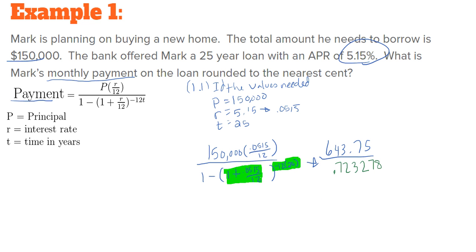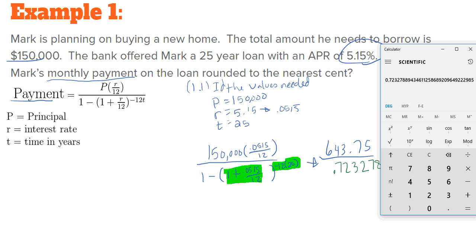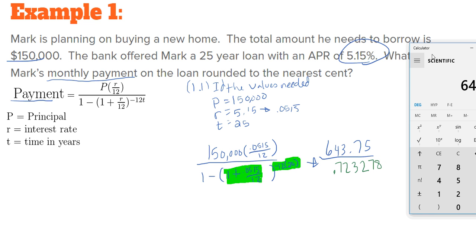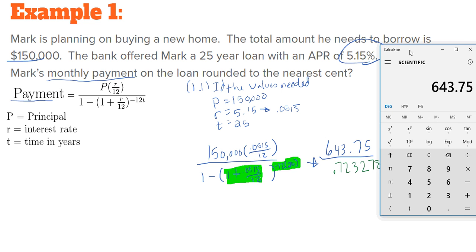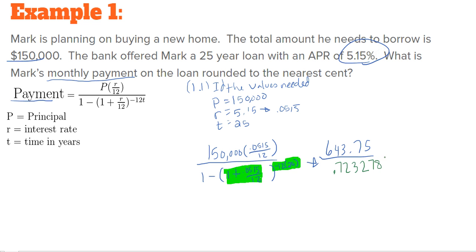All right, so we're going to take 643.75 divided by 0.723278, and we get 890.045, which rounds up to 890.05.